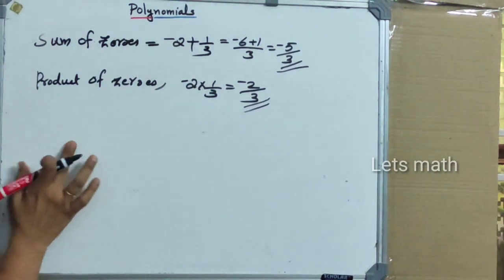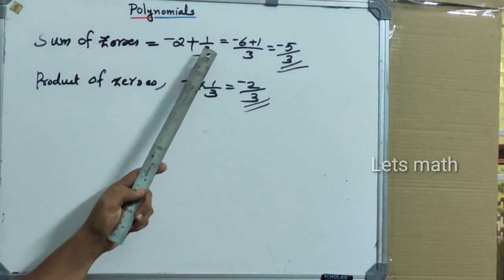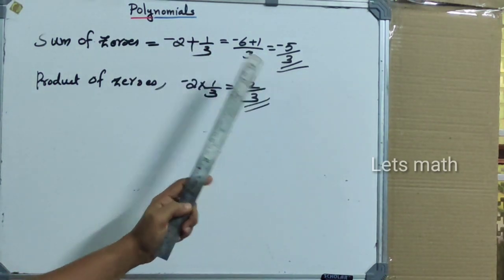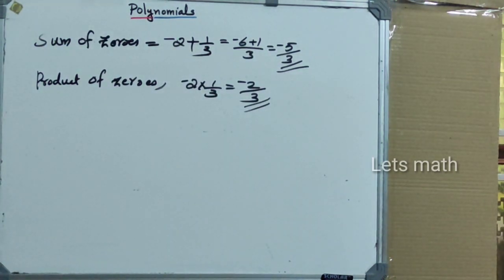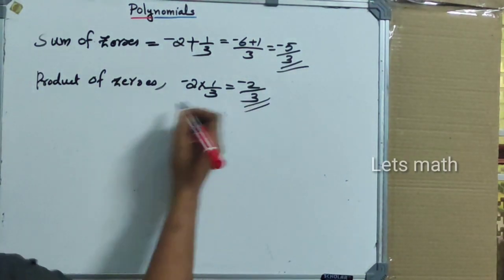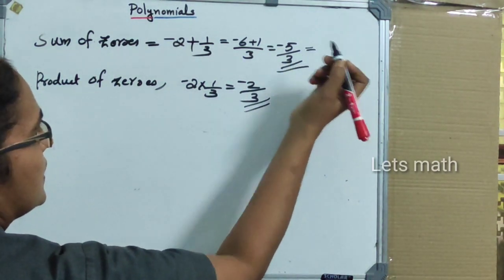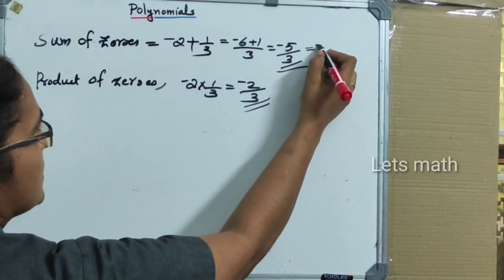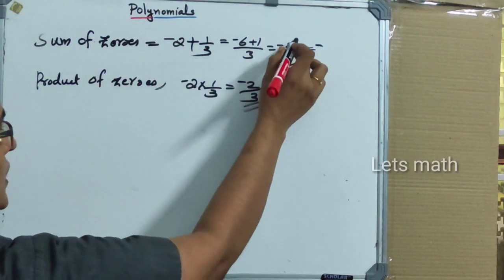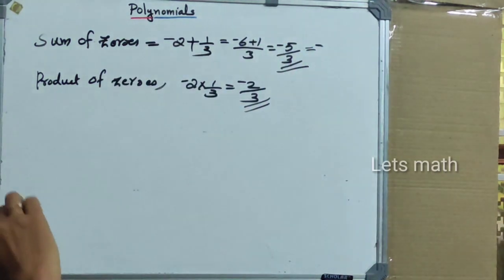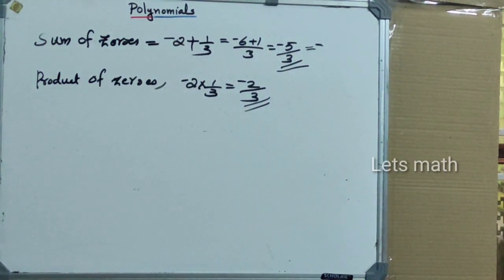Now let us see what is the relation connecting this sum and the coefficients of the polynomial.